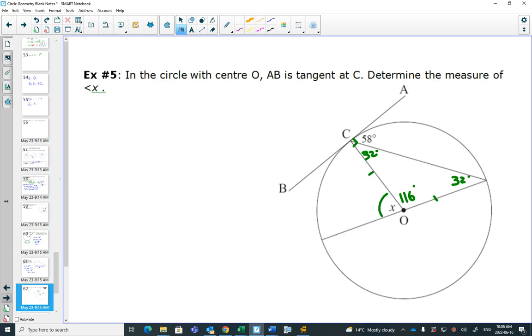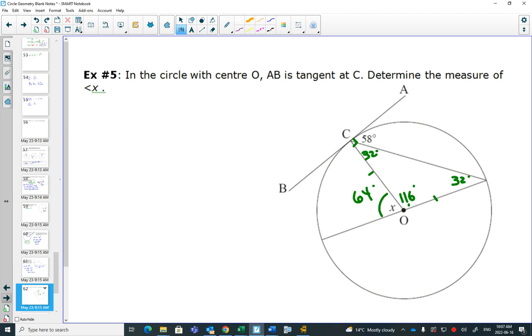And then she said, this is a triangle. All the angles in a triangle have to add up to 180, so that makes this 116. And then 116 in a straight line. Do you remember the rule that angles in a straight line also add up to 180? So that makes this 64.